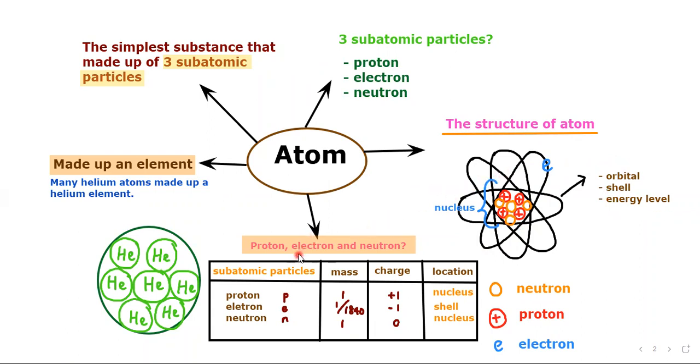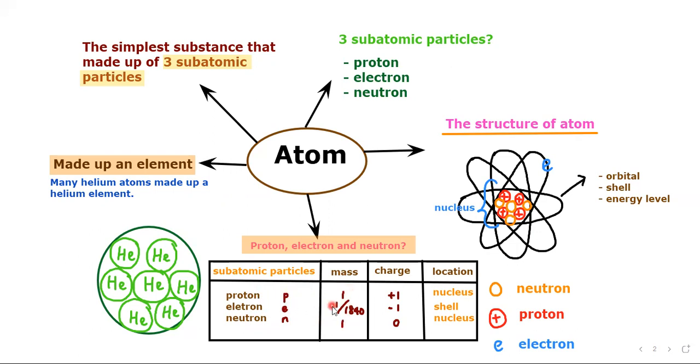So now you are going to learn about the difference between these protons, electrons, and neutrons. Based on these three subatomic particles, the symbol for protons is P. The symbol for electrons is E. And the symbol for neutrons is N. The mass of each of the subatomic particles: proton is 1, same as neutron, also 1.